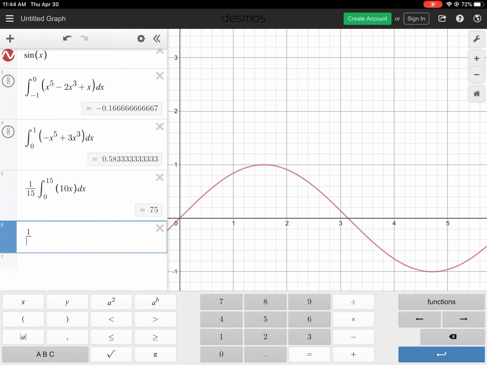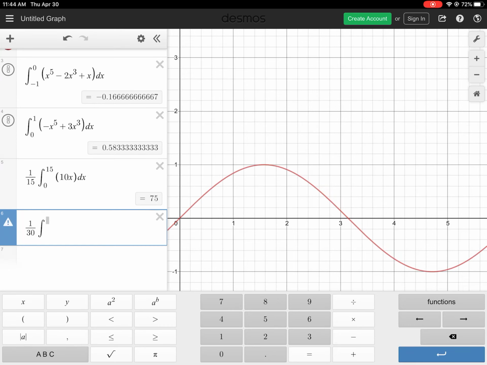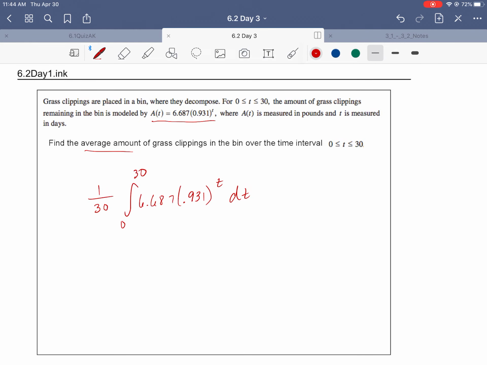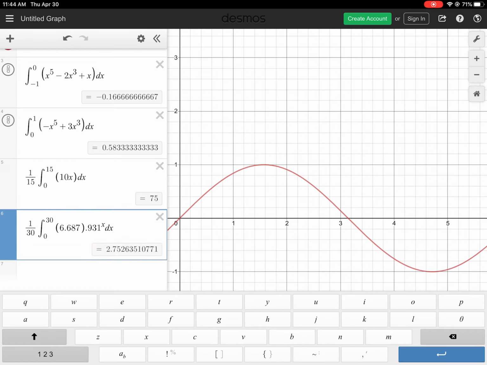So we have 1 divided by 30, integral 0 to 30. Now, what was that equation? 6.687931 to the x power dx.